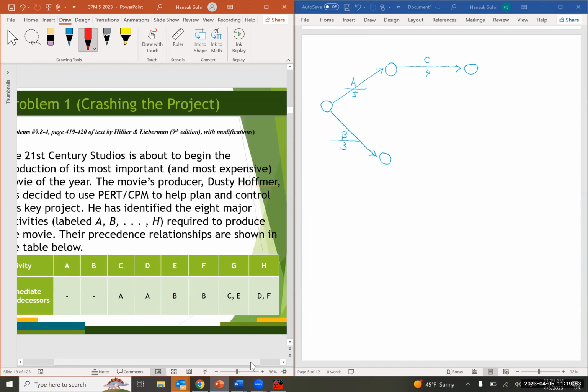Okay, I got it. So if I have another event down here, then I'm going to make a connection to here, and I'm going to have activity D. And E is going to be up here.